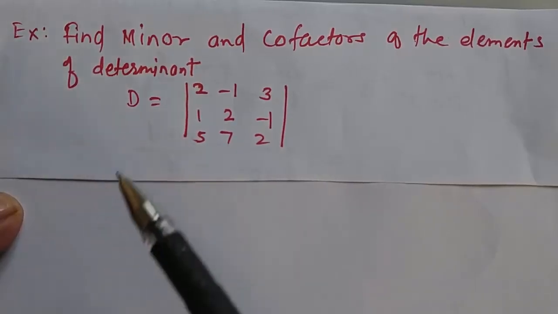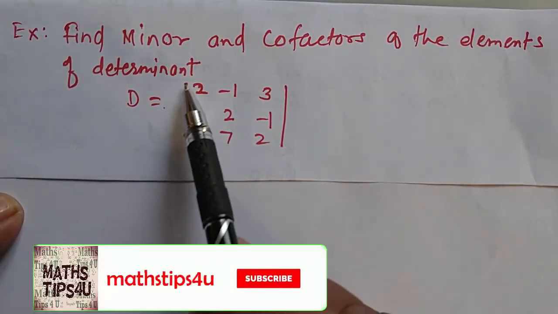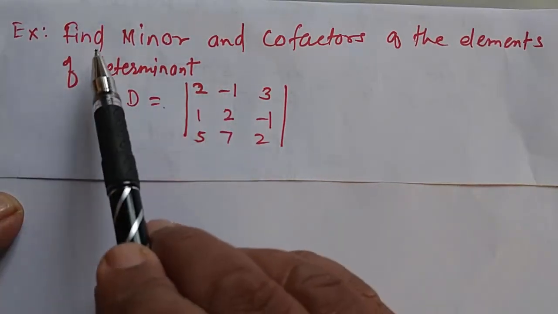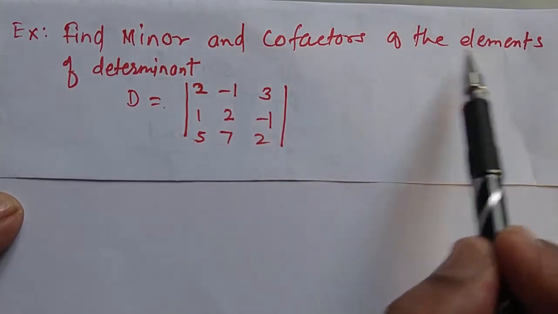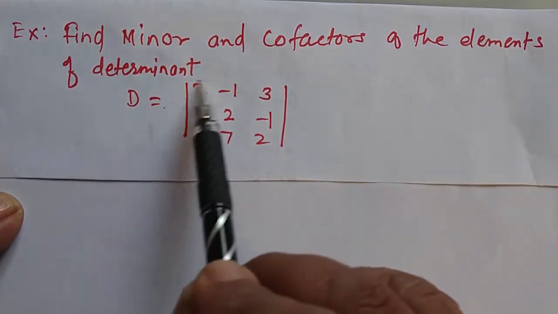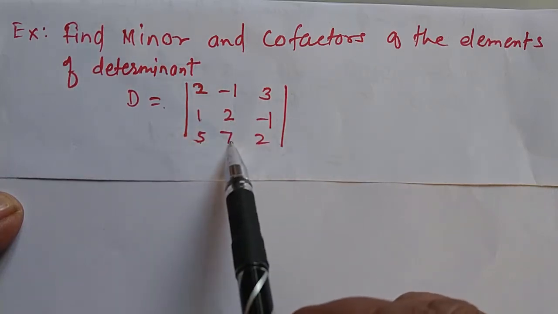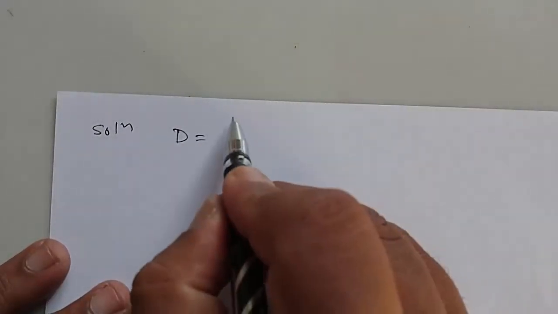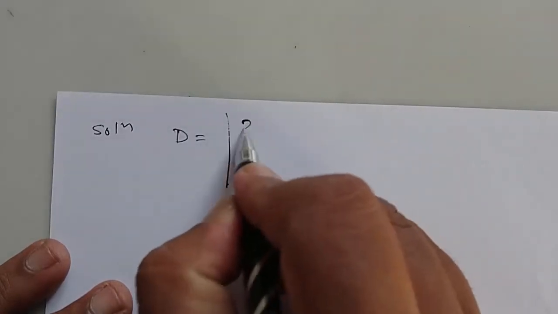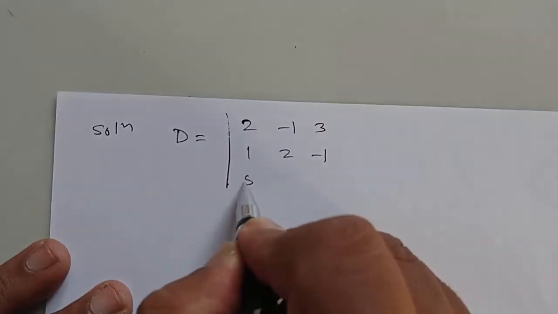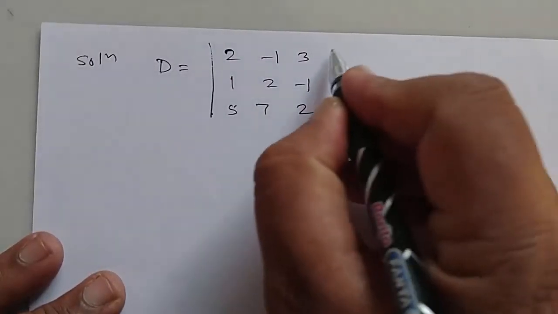Taking an actual example, we can find the minor and cofactor of each element of a matrix of order three. Find the minor and cofactor of the elements of the determinant 2 minus 1 3, 1 2 minus 1, 5 7 2. Solution: the given determinant D is equal to 2 minus 1 3, 1 2 minus 1, 5 7 2.